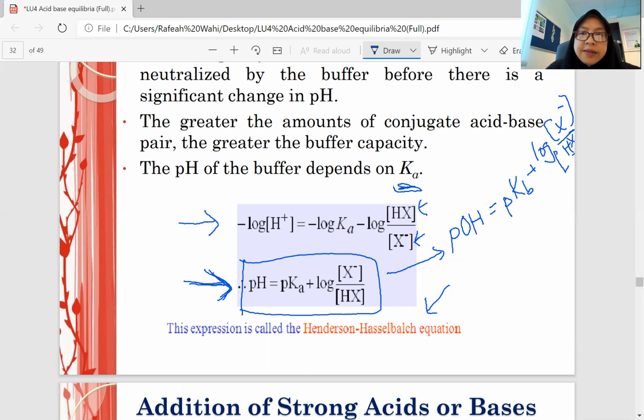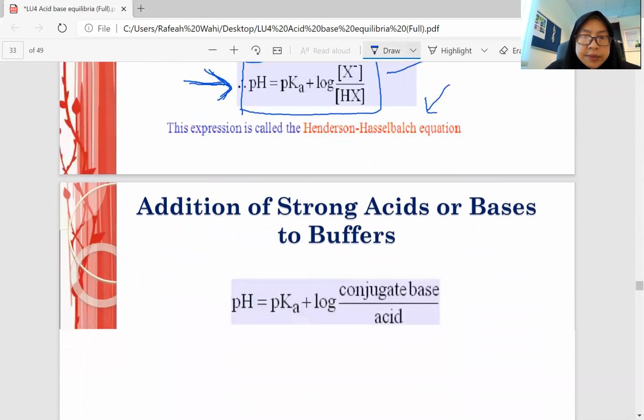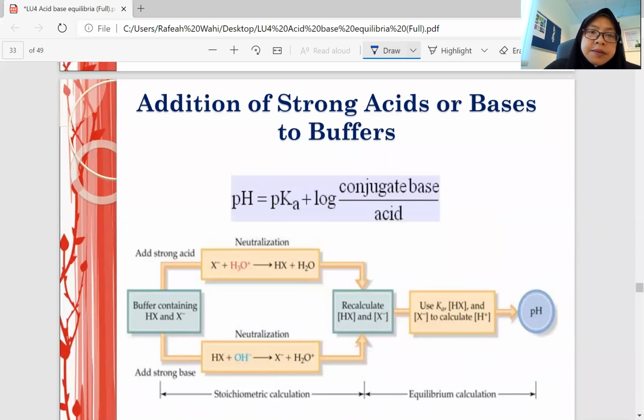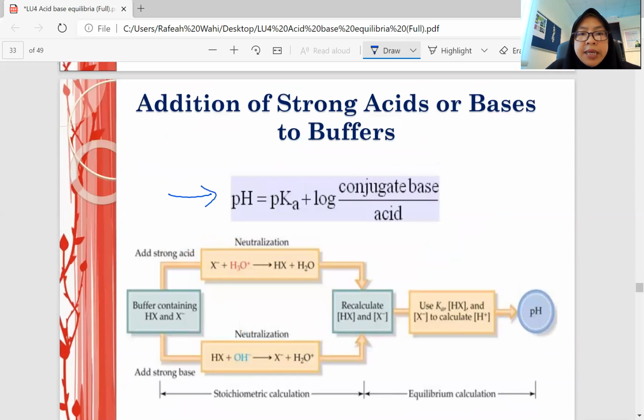So this is another expression for the Henderson-Hasselbalch equation. Again, pH equals pKa plus log concentration of the conjugate base divided by the concentration of the weak acid.